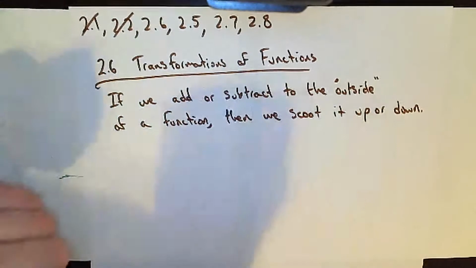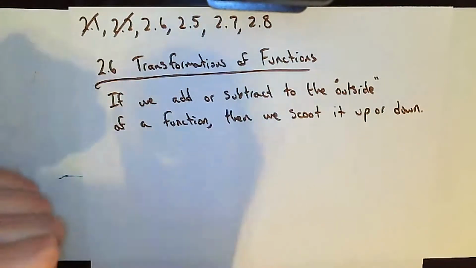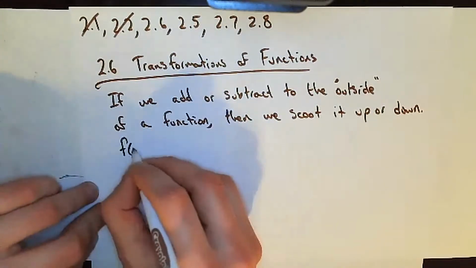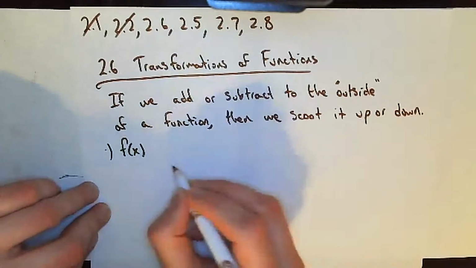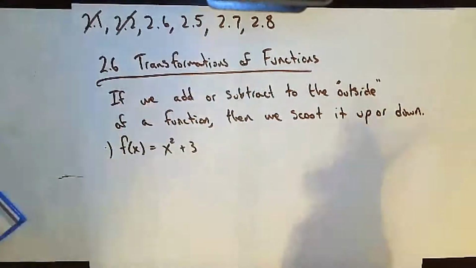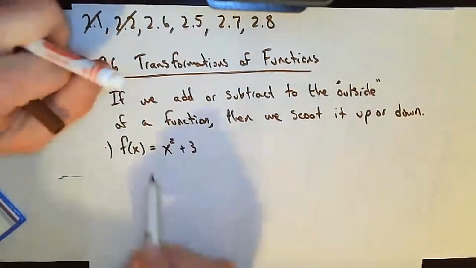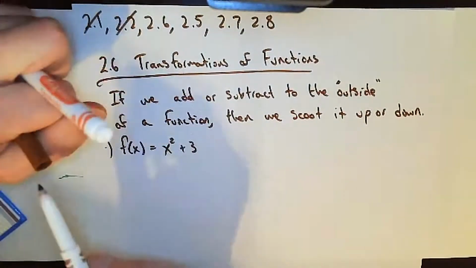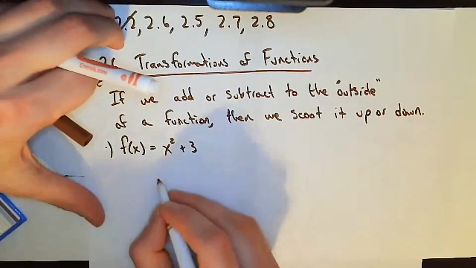What do I mean by that? If I take a function graph f of x, so here's an example, f of x equals x squared plus 3. All that's going to do to my function, and I have to know what x squared looks like here, okay? What's that going to look like?